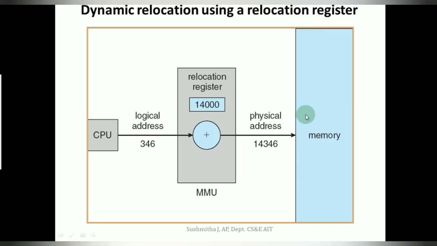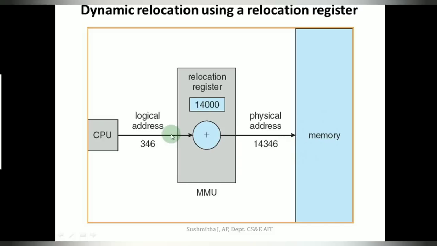Now if I say the relocation register is 14000, and a particular file in the main memory is in the location 14346, this is the address the main memory can understand, or this is the address the main memory will refer to.